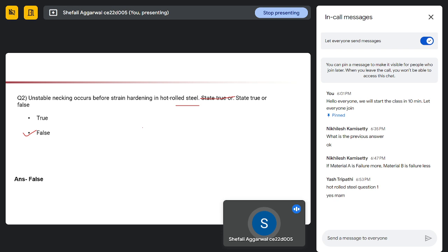In case of our hot rolled steel, if we see the stress strain curve, this is a normal stress strain curve of any metal.